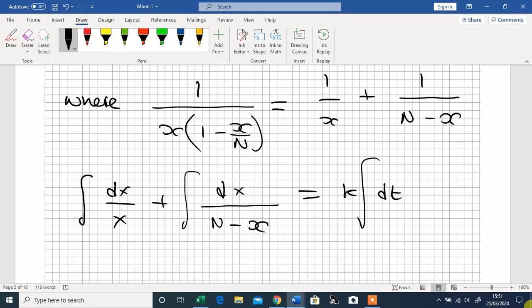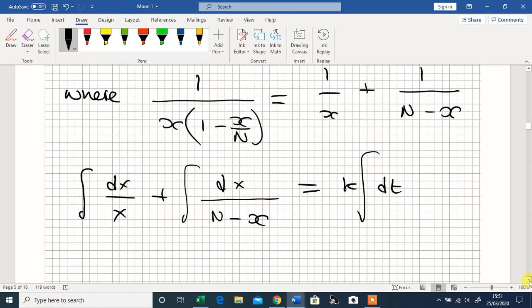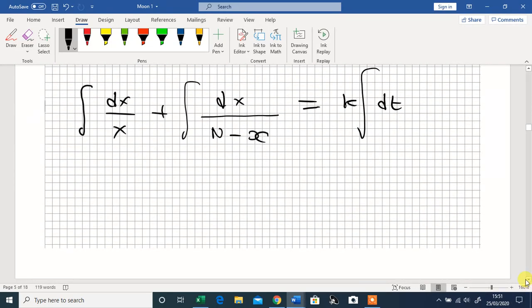Now, I'm going to change the variable x to a dummy variable y because I want to insert limits, to maybe make the analysis a little simpler. So we'll put these integral signs in here.